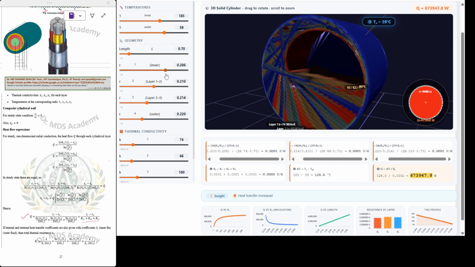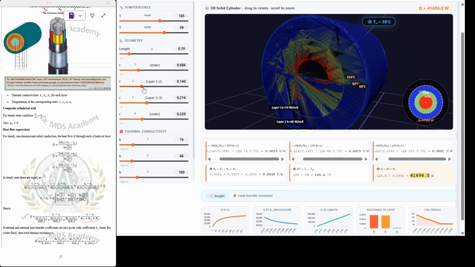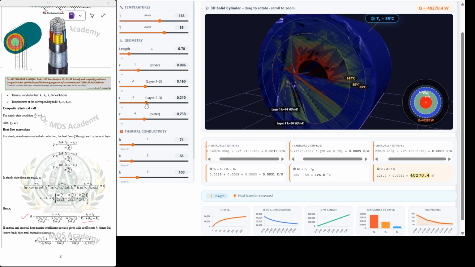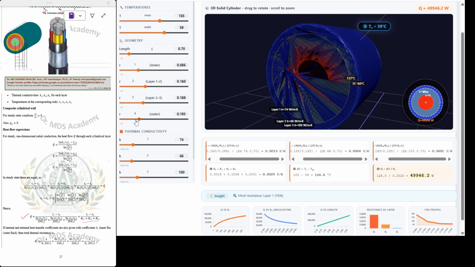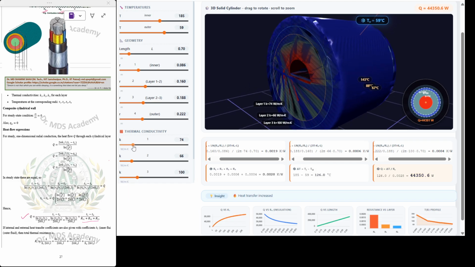It is decreasing. Similarly, you can play with R2 also, and similarly R3, R4, like this.